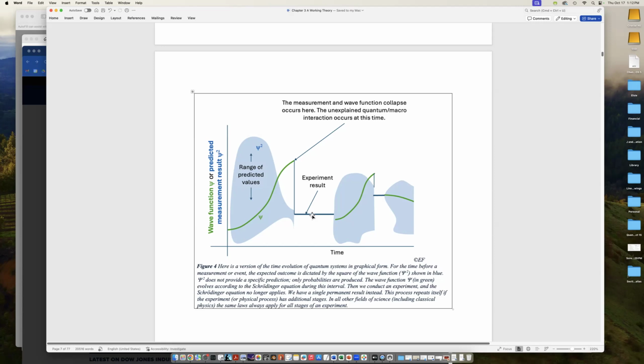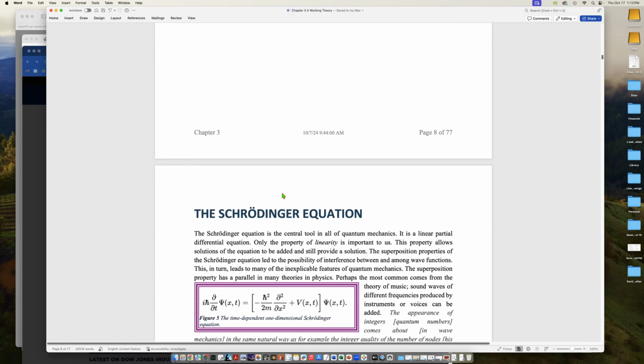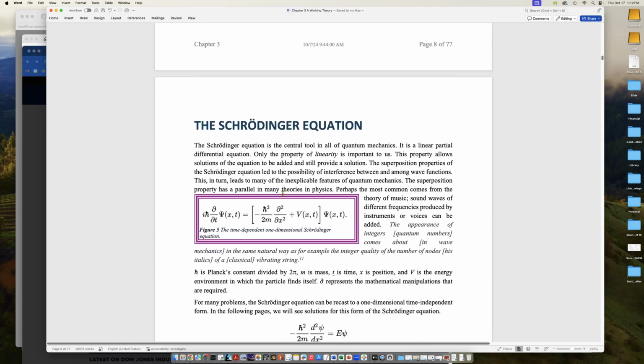It's a reversible process. That is, in the classical world, with some exceptions, things are reversible. This process is not reversible, and that remains a kind of mysterious part of quantum mechanics.